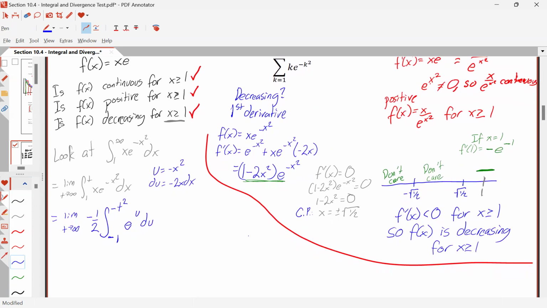The integral of e to the u is e to the u. This is the limit as t goes to infinity of negative 1/2 e to the u evaluated from negative 1 to negative t squared.